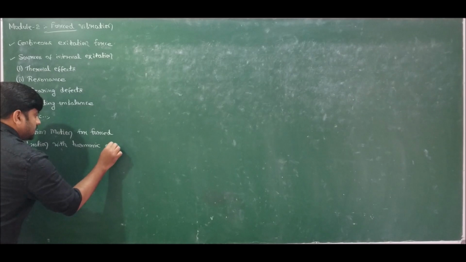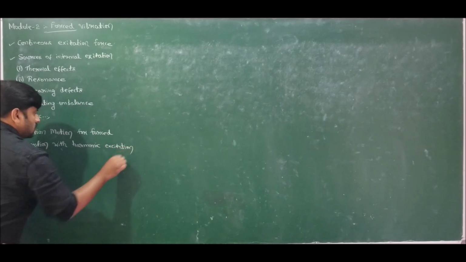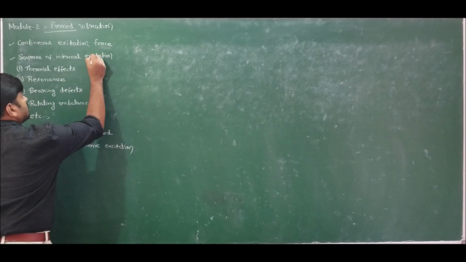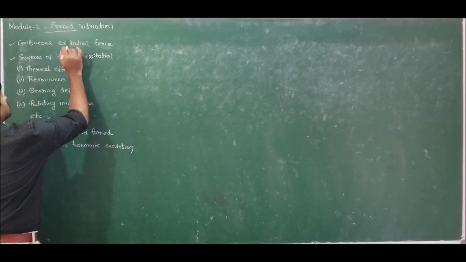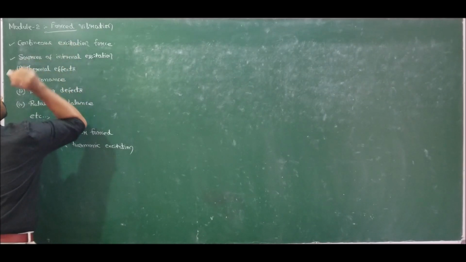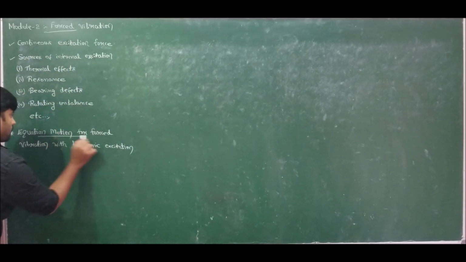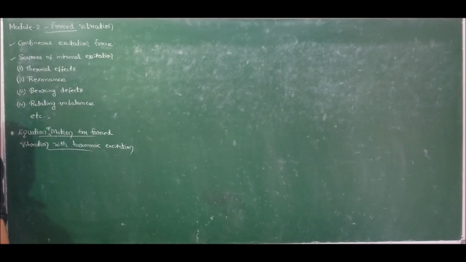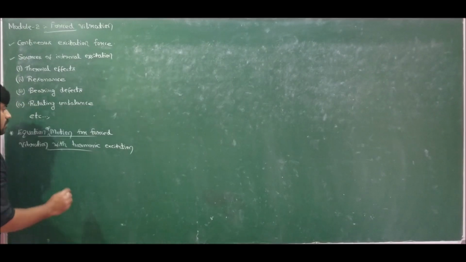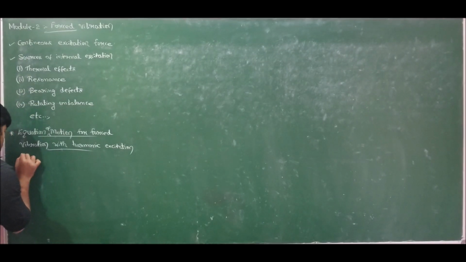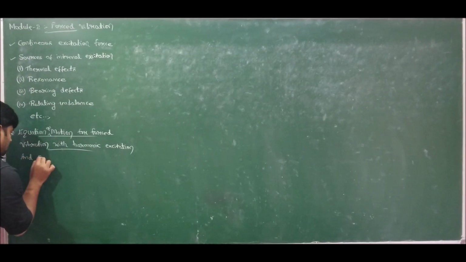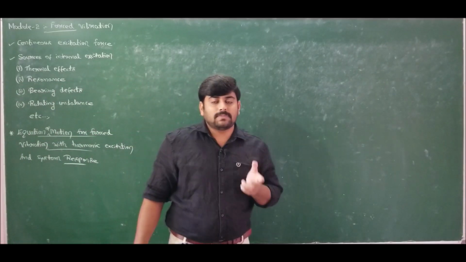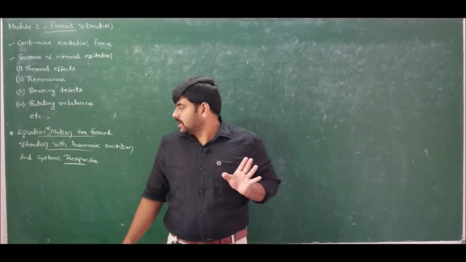Sorry, here also I missed C, with harmonic excitation. Equation of motion for forced vibration with harmonic excitation and system response. What do you mean by system response? System response is nothing but displacement as a function of time.